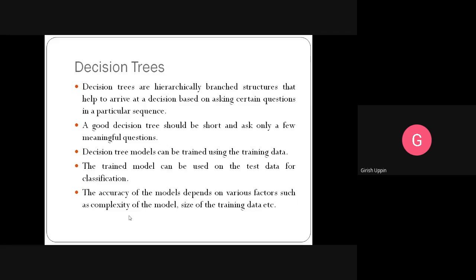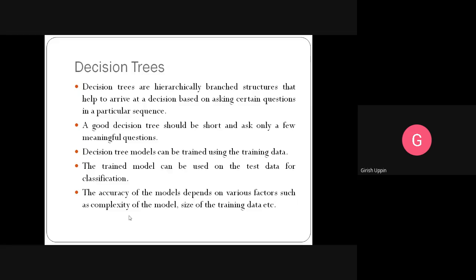Decision tree models can be trained using training data. For training the decision tree, we need training data. What is training data? Training data is the data where we have all the elements of the data along with the decision. Decision is nothing but the class. For example, for the bank's problem of finding loan defaulters, we should have historical factual data with defaulters and non-defaulters.